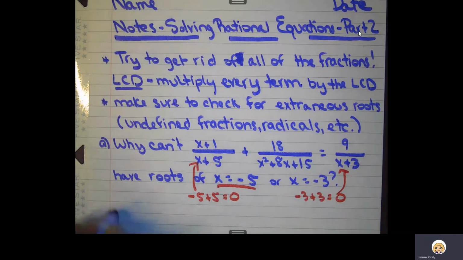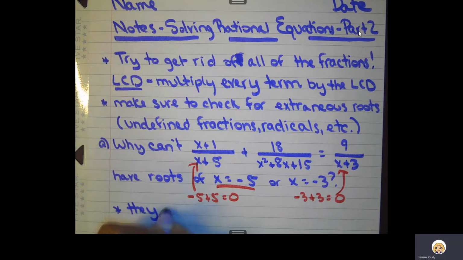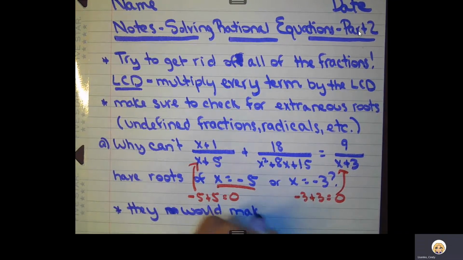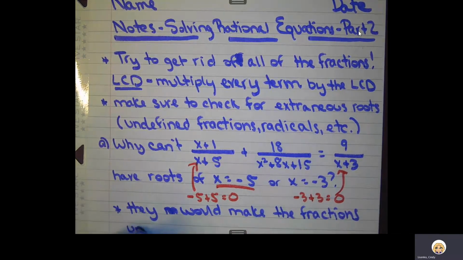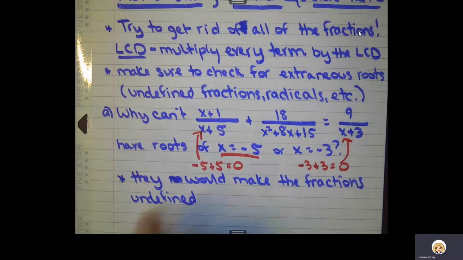So what we're going to write for our answer is they would make the fractions undefined. So whenever we have an answer, we always want to check it to make sure we're not going to have a denominator of 0, because that will not work.